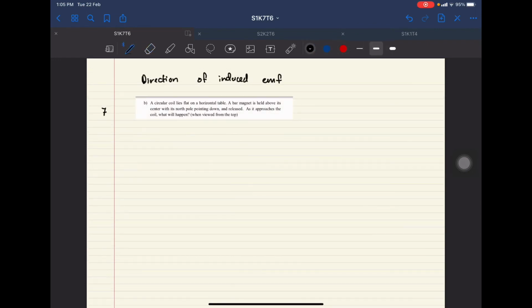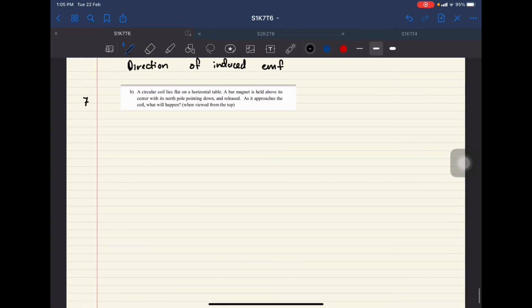So this is an example for tutorial question 7b. It says that a circular coil lies flat on a horizontal table. A bar magnet is held above its center with its knot pole pointing down and released. As it approaches the coil, what will happen? So you have a circular coil flat on a horizontal table. Let's say you have a magnet that is now going down.